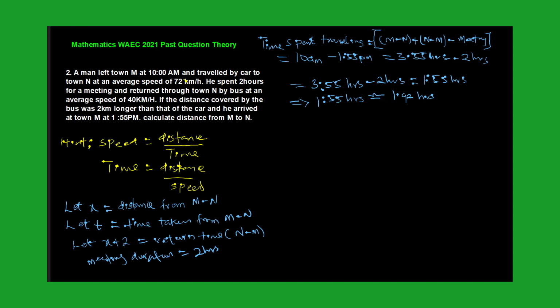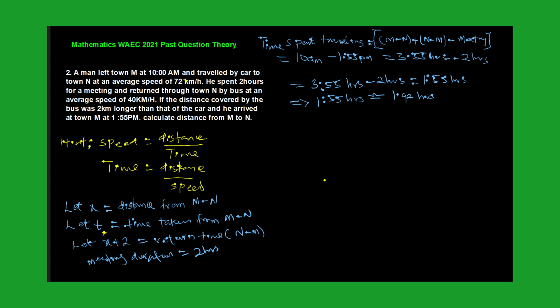Since we are not given the distance covered from M to N, let's make X represent the distance from point M to N, and let's make T the time taken from point M to N. And also from the question, the distance covered by the bus was 2 km longer than that of the car.